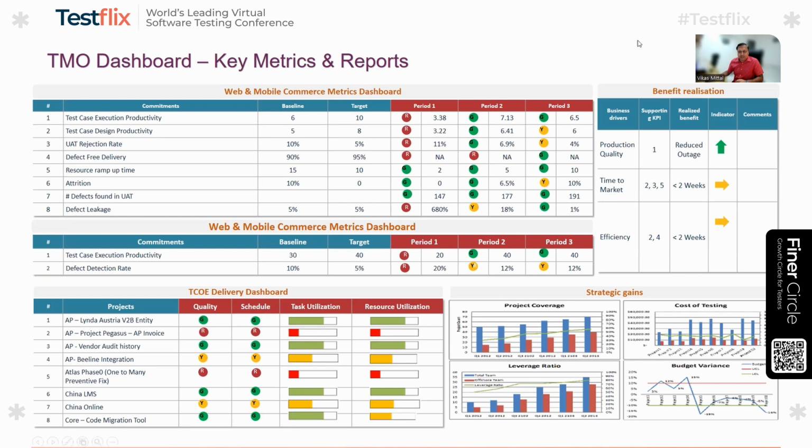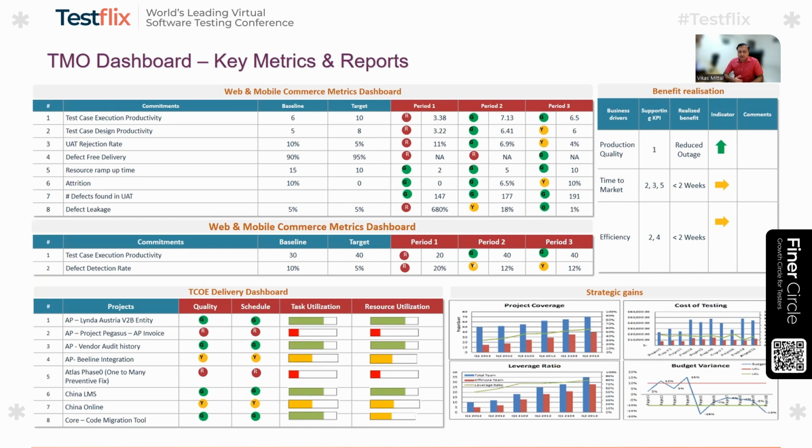A lot of testing teams use these dashboards to showcase the regular progress report achieved in testing over a week, or over a period of time, by including typical metrics around test case execution productivity, that is, number of test cases executed, test case design productivity, that is, number of test cases documented or defined, and multiple different metrics around defects by severity, by priority, how many defects were leaked to subsequent stages, and so forth.